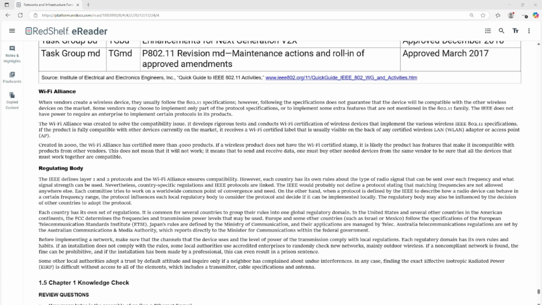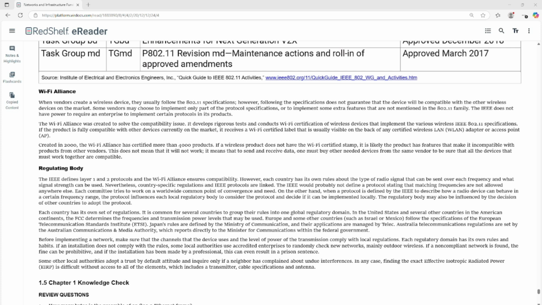The US FCC determines the frequencies and transmission power levels that may be used. In Europe and some other countries, they also have their own rules, regulations, or specifications.